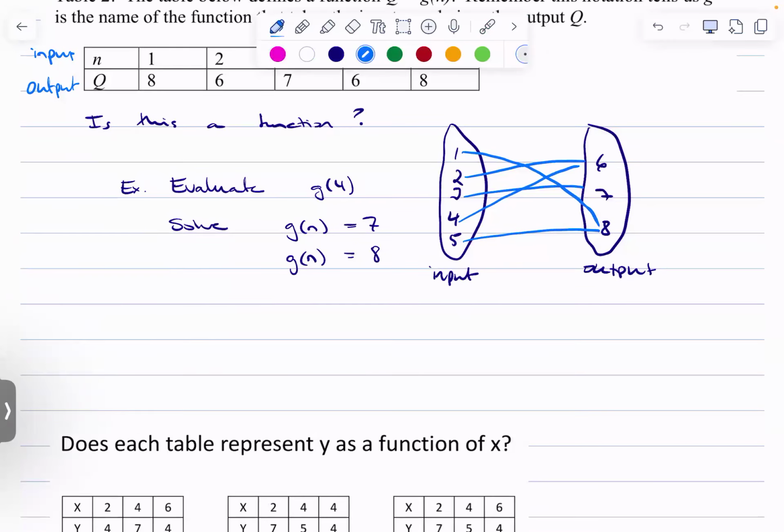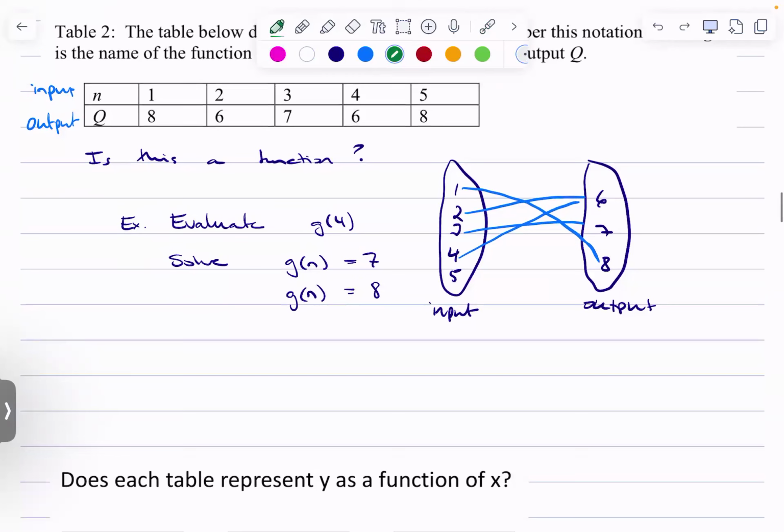So yes, it is a function, which means we can evaluate and solve. But I'll add, but not one-to-one. That's a special case if it's one-to-one. Doesn't always happen.